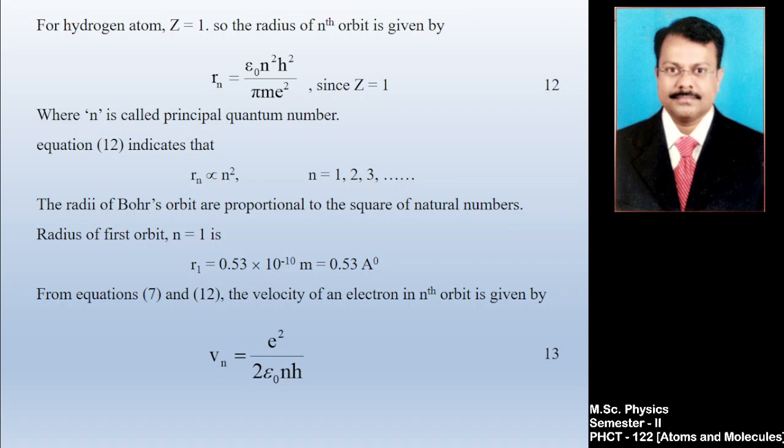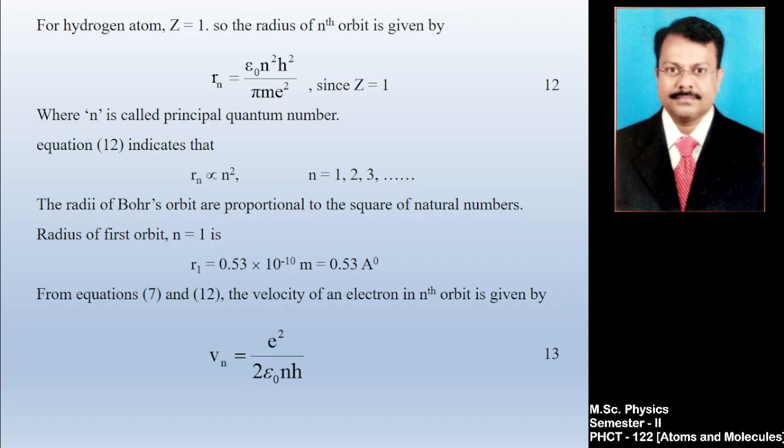Equation 12 indicates that, what is equation 12? Rn is equal to epsilon naught n square h square upon pi m e square. This indicates that Rn is directly proportional to n square, which means the radii of Bohr orbits are proportional to the square of natural numbers.